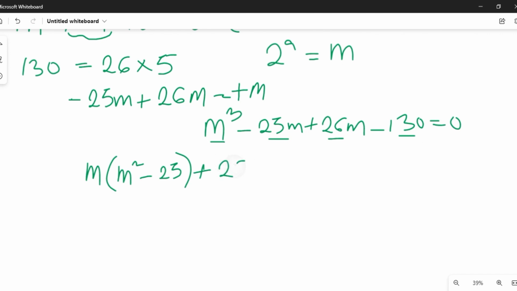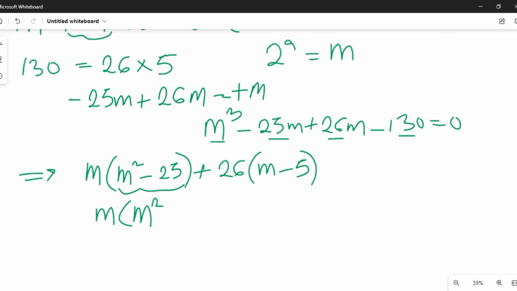We'll bring out 26, because 26 is also a factor of 130, and that will be 26 into bracket m minus 5, because 26 times 5 will give us 130. So we have m(m^2 minus 5^2) plus 26(m minus 5).